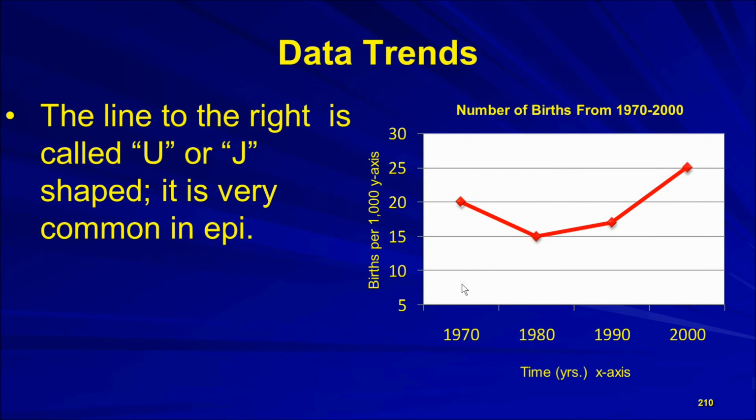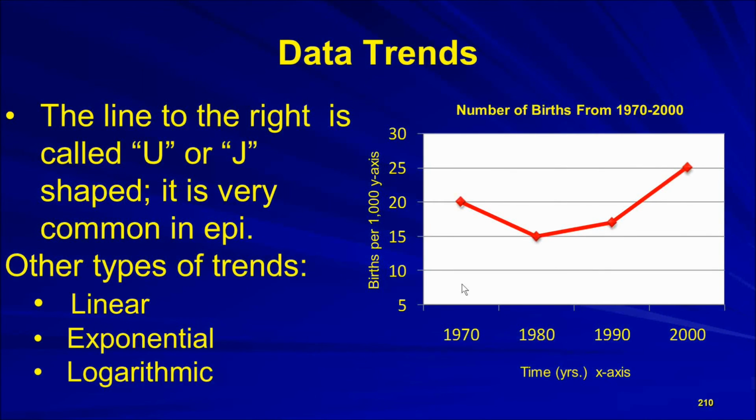Now, as I say, these are generally the trends that we notice with various behaviors in epidemiology, and if asked to guess, what would you say about the data over time, especially with a rate that covers annual periods or decades, is that it would be either U or J-shaped. There are other trends. A linear trend, which would fit the data, probably goes something like this through the data.